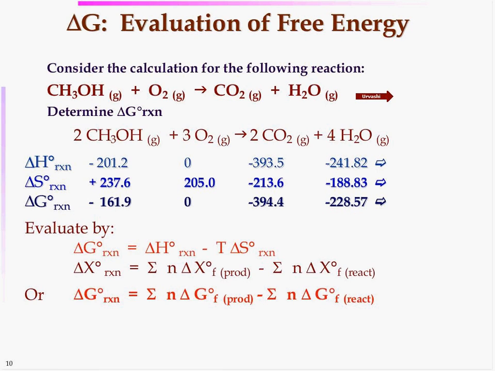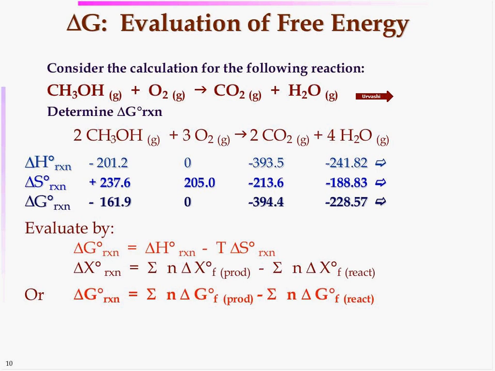If I have to write it, it will be 2 times minus 394.4 plus 4 times minus 228.57. This is for the products, right?